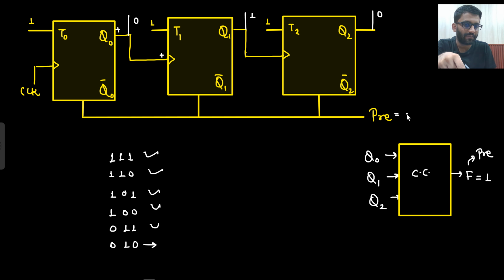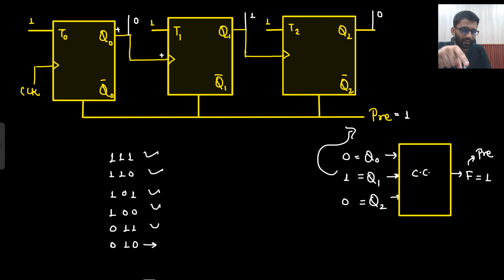Now if this preset is 1, just as you got 0 1 0, at that time I will apply it. I would have designed this combinational circuit such that just as I give 0 1 0, I get F output 1. This will be active, and if this is active, then all will be set. Right? Are you getting this point?